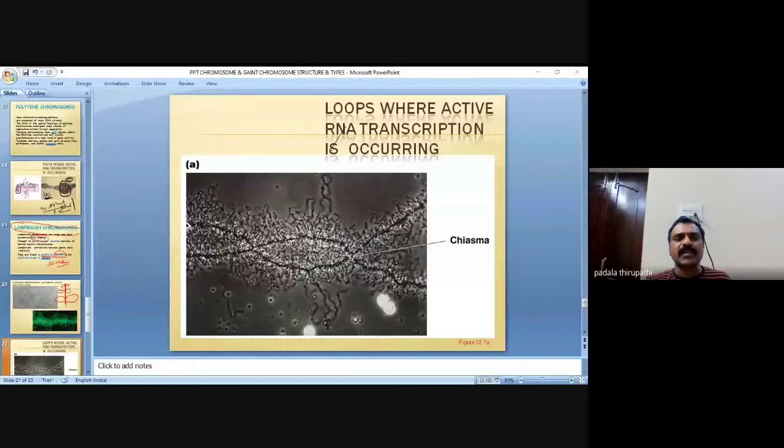From mRNA to the synthesis of protein we call translation. This translation process is entirely present in the cytoplasm. But in prokaryotic organisms, transcription and translation both are present in the cytoplasm only.